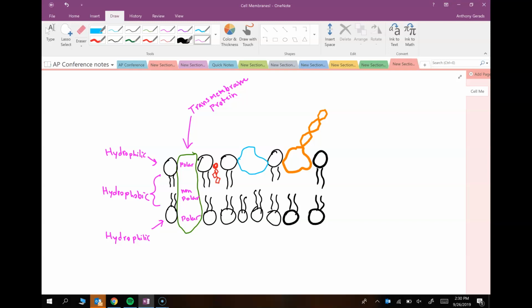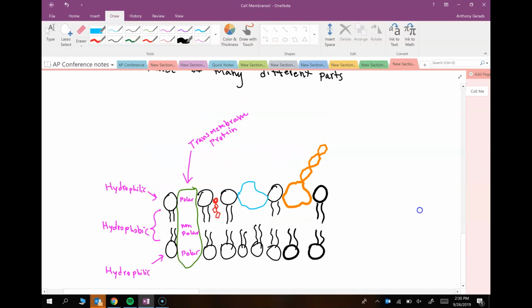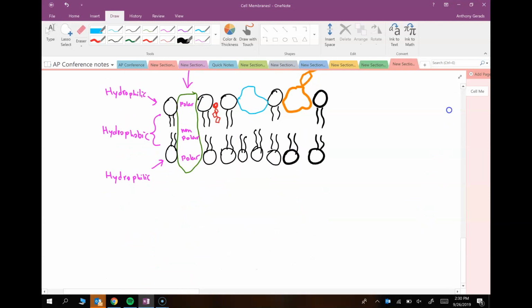Okay, so I've got a side note. This transmembrane protein, because it's got an area that's polar and an area that's non-polar, so it's got these different areas of charge, is what's called amphipathic.